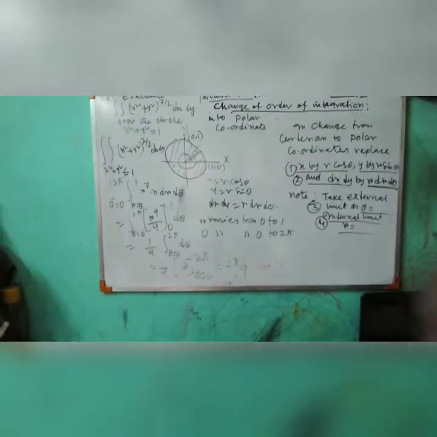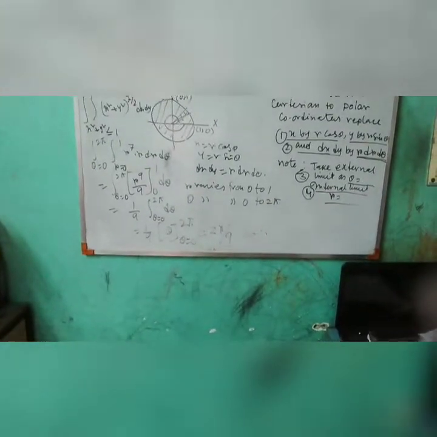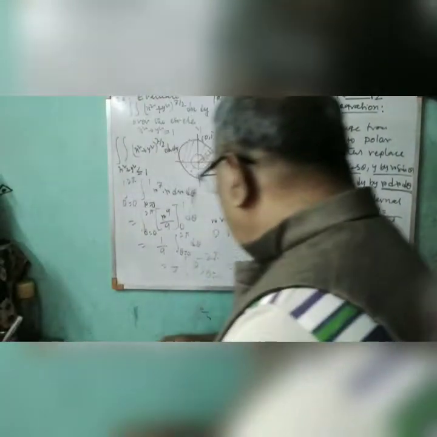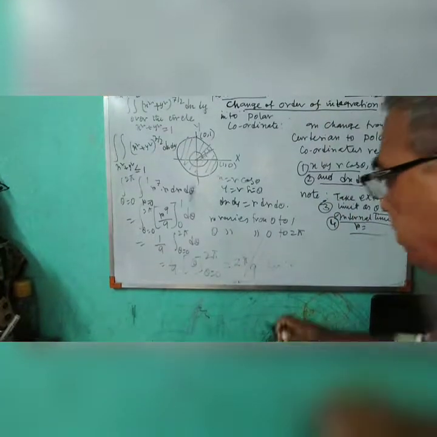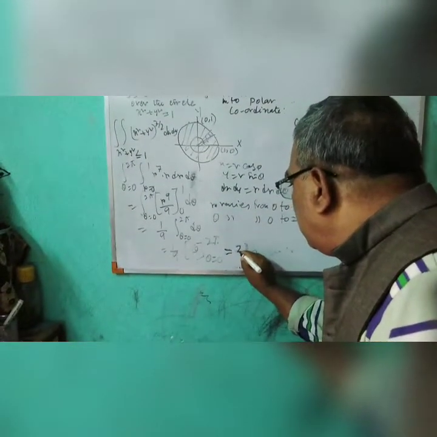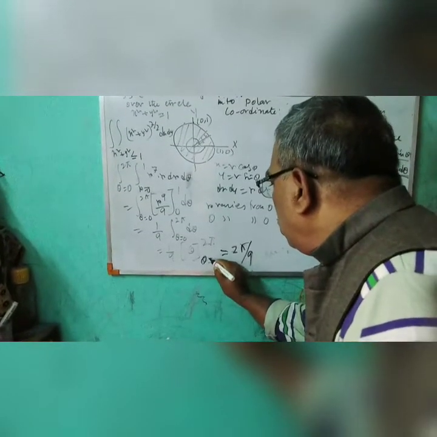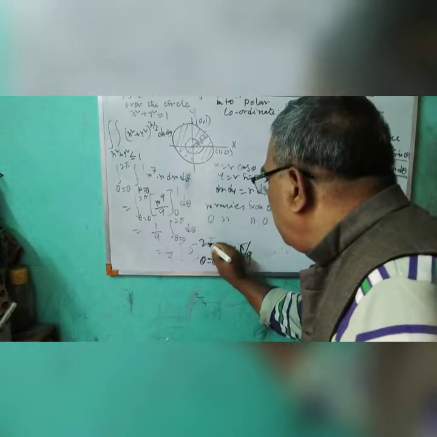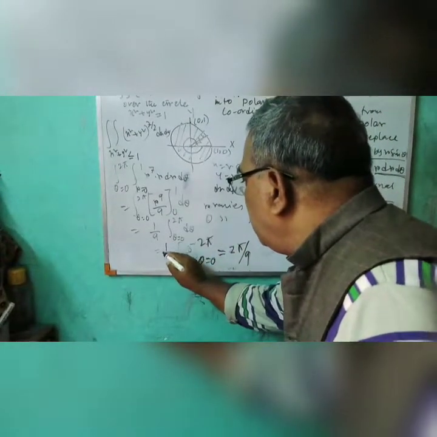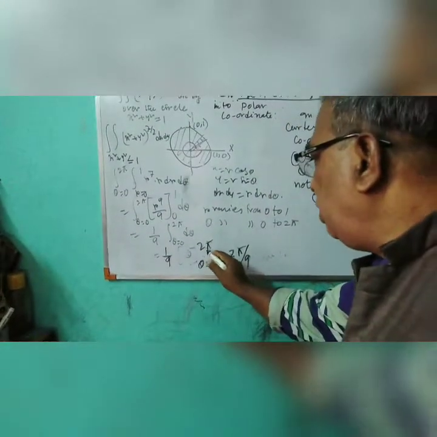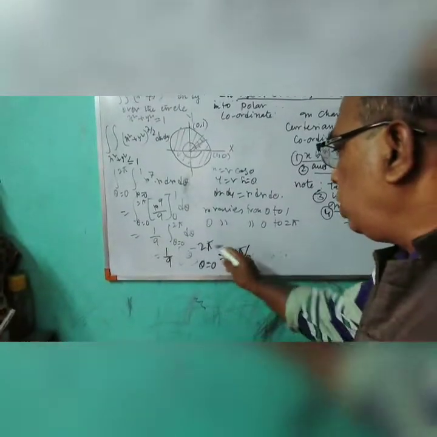So this is 2 pi by 9. Theta goes from 0 to 2 pi, outer limit minus inner limit, that is 2 pi minus 0, times 1 by 9. So the answer is 2 pi by 9.